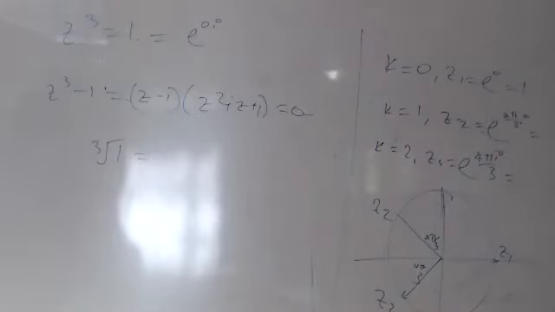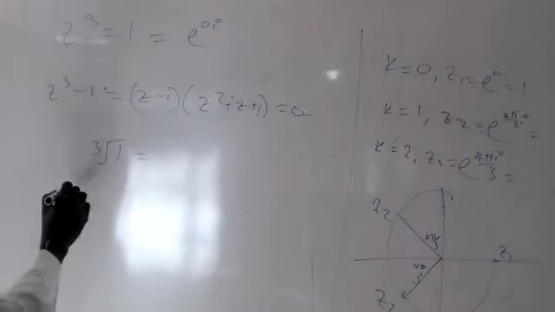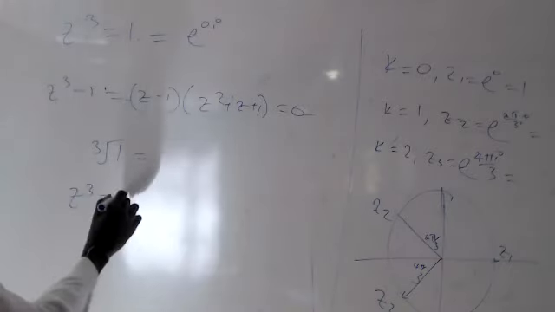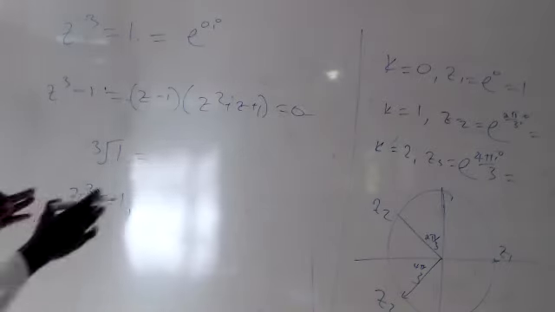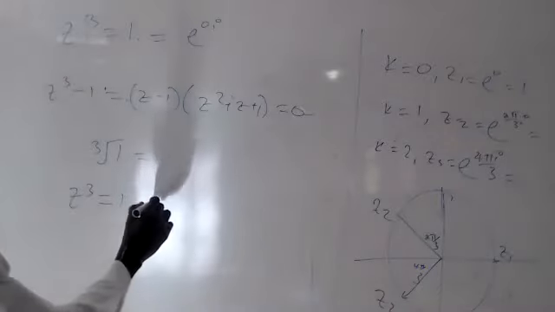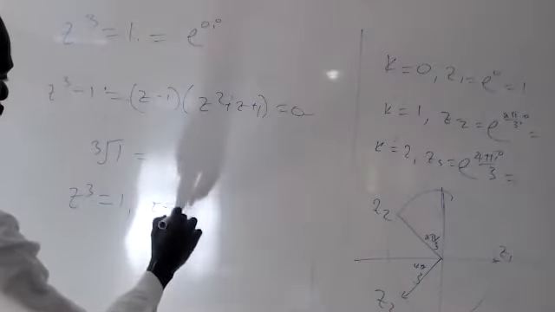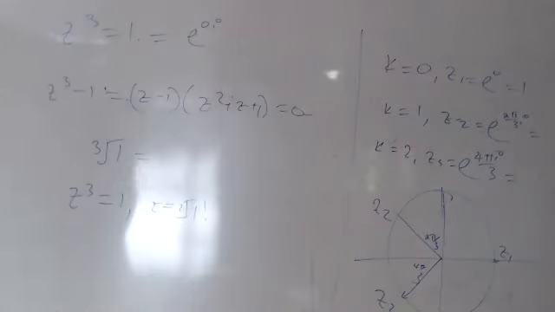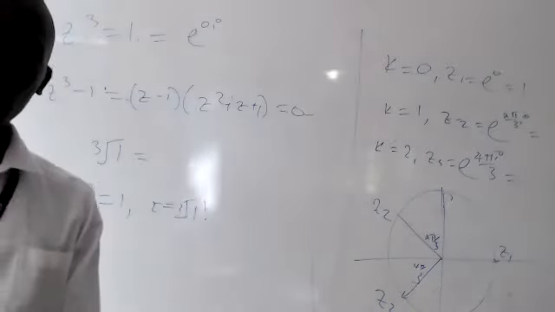What exactly do you mean? Are you talking of taking the cube root on both sides so that z is the root of 1? Yeah, that gives you only one root, but remember 1 has 3 cube roots.